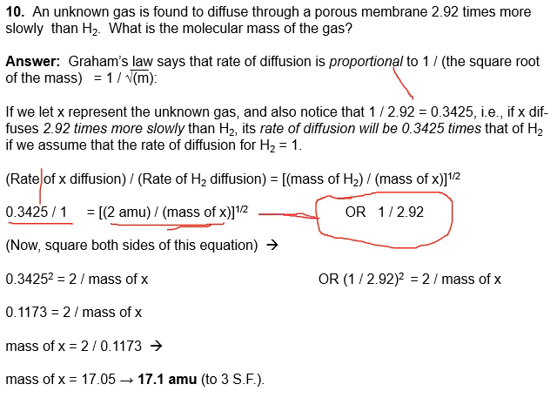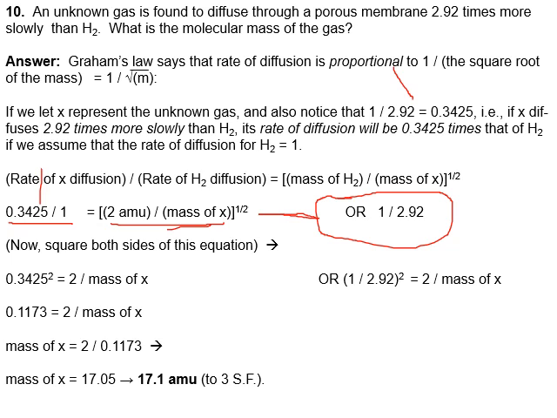What this is saying is if you take the mass of the hydrogen over the unknown mass, then that ratio should be the same as 1 over 2.92. In other words, it should be about 1/3 as much. The square root of the mass of the H2 should be about 1/3 as much as the square root of the mass of the X.